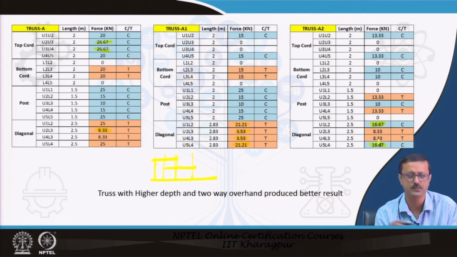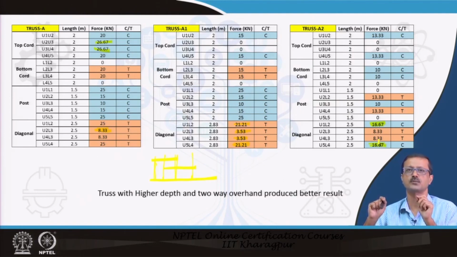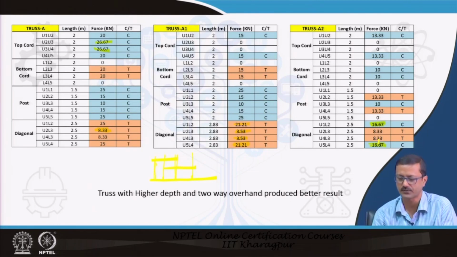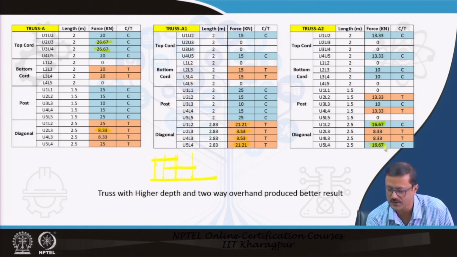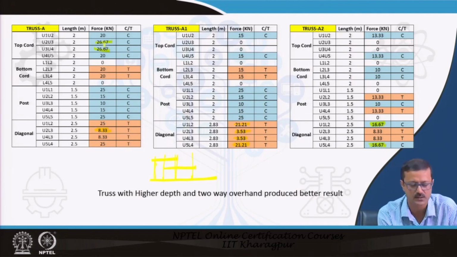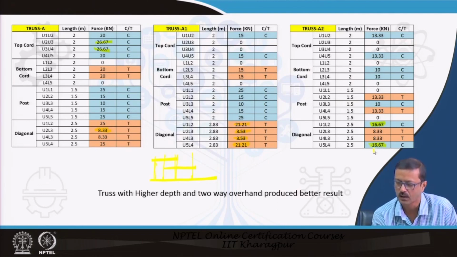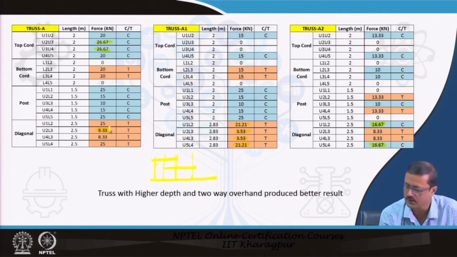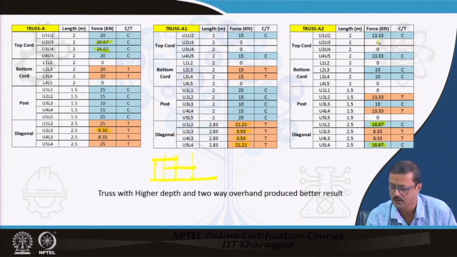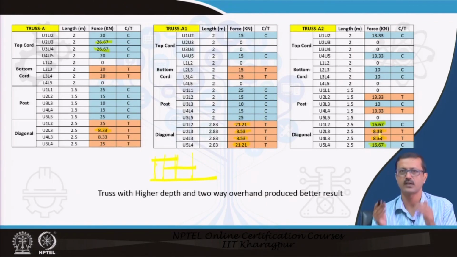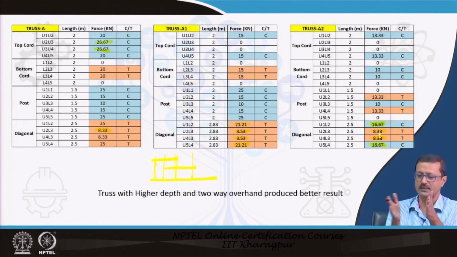See the same depth, only a slight change in the support system gives me the amount of the forces very low compared to this, and the lowest force, which is 8.33, here it remains as 8.33. So, there is a very compactness.